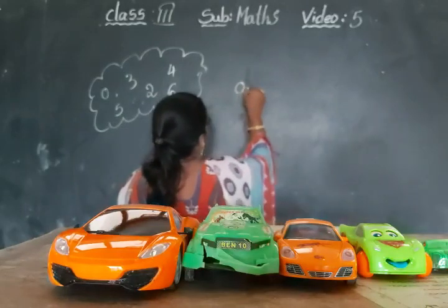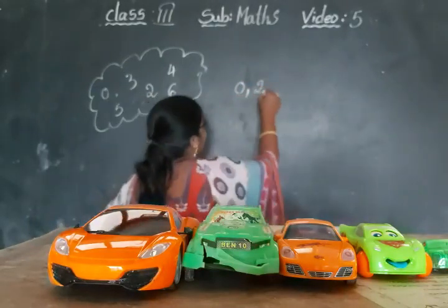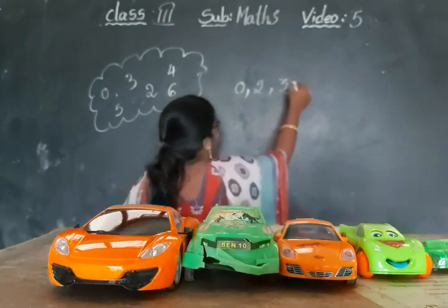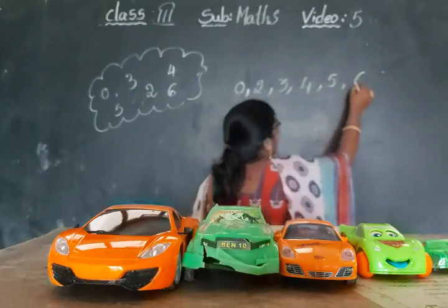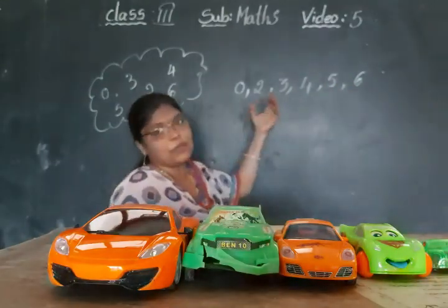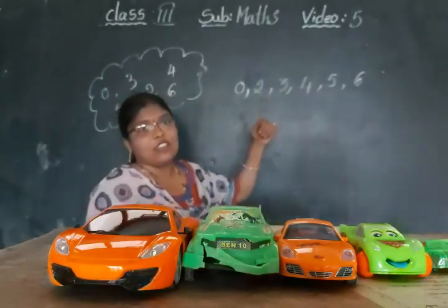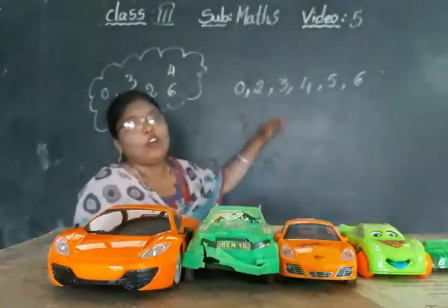Of course it's 0. Next, 2, 3, 4, 5 and 6. So we have arranged these numbers from the smallest to biggest. So we have placed these numbers in an order.